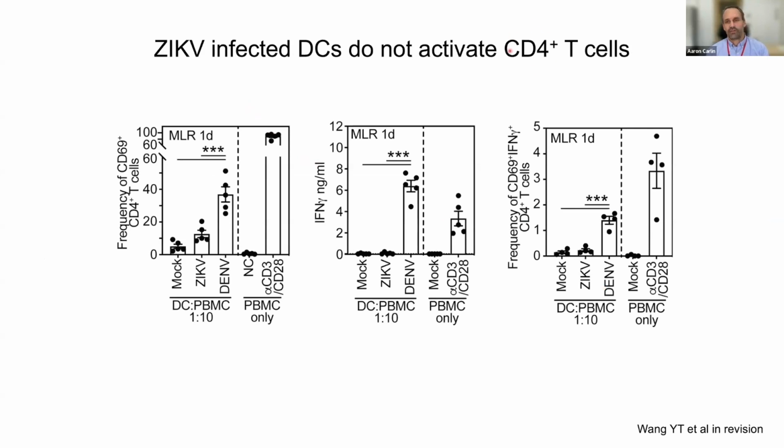As you can see here for CD4 positive T cells, dengue virus stimulates significant CD69 production on these T cells, whereas Zika virus does not. You see the production of interferon gamma by these cells. You see massive amounts of interferon gamma production by dengue virus infected DCs when they're co-incubated with CD4 positive T cells or with mixed leukocyte reaction.